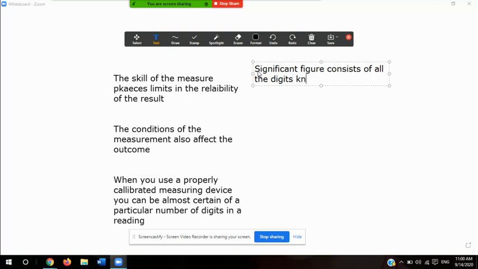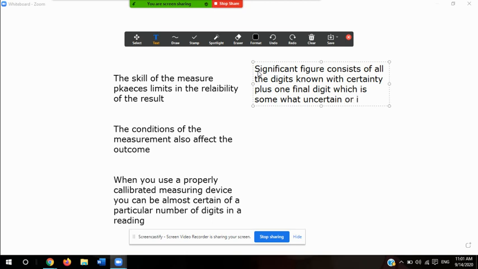Digits known with certainty plus one final digit which is somewhat uncertain, or is estimated.